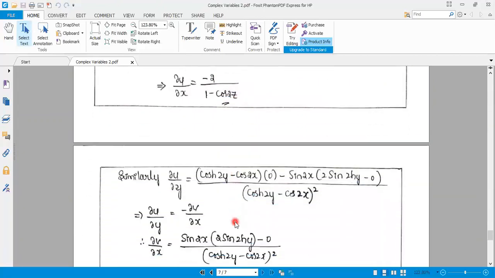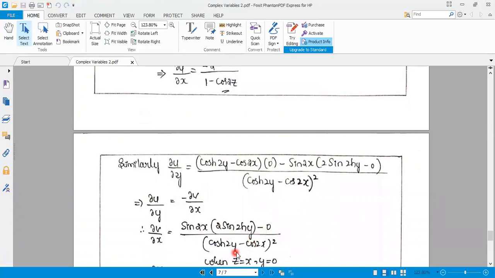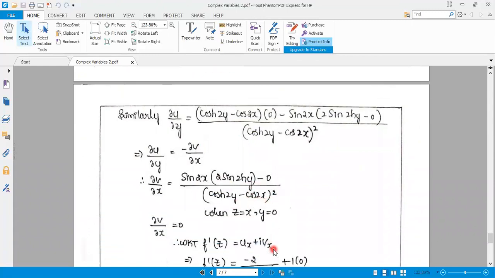Now similarly differentiate with respect to y by quotient rule. So we obtain sine 2x into minus 2 sine hyperbolic 2y minus 0 divided by cos hyperbolic 2y minus cos 2x the whole square. Now substitute x equals z and y equals 0. So the numerator becomes 0 because sine hyperbolic 0 is 0.